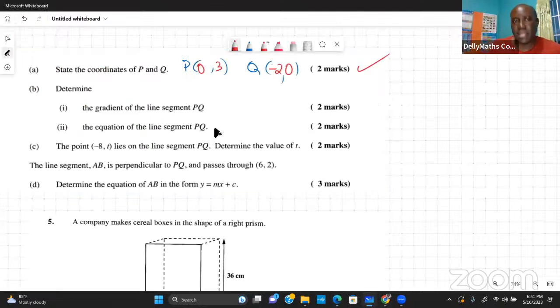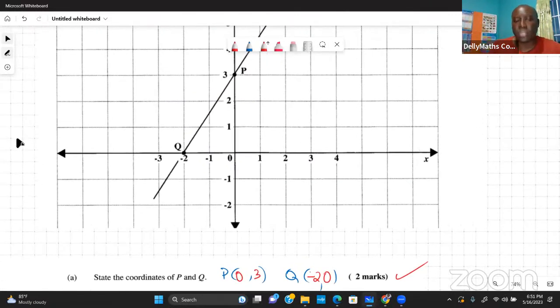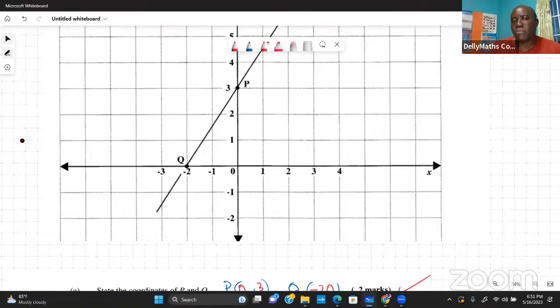All right, another idea. I never had to go all through that. I'm just saying, if you look at the line, since it is on a grid, you can find the gradient also by picking off a proper right angle triangle where you are able to count the vertical and horizontal sides.